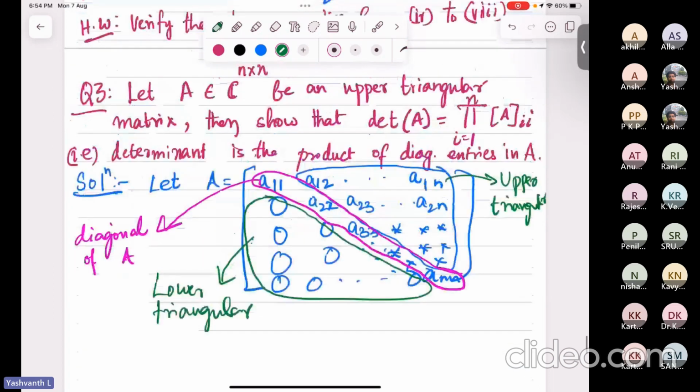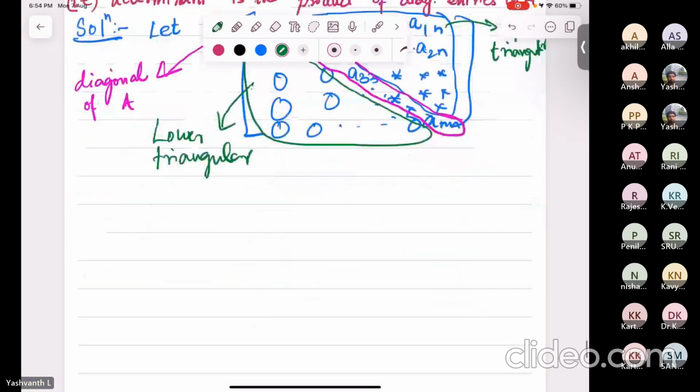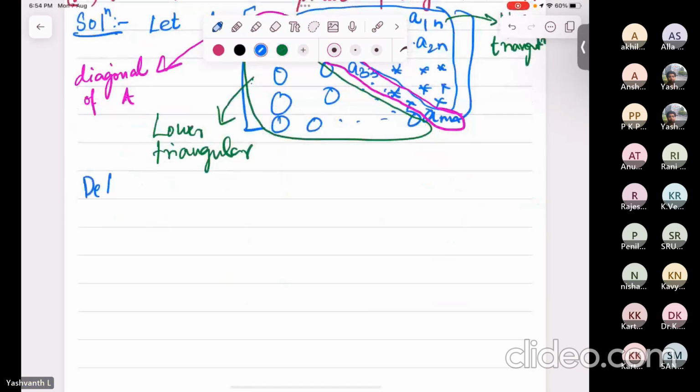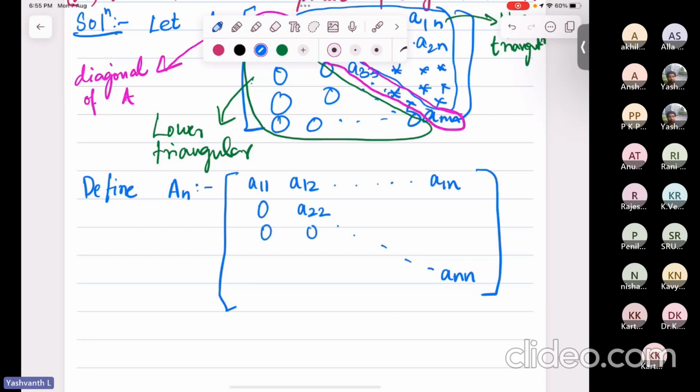Now the question is, for an upper triangular matrix, prove that the determinant of such a matrix is equal to the product of diagonal entries. I'm considering an n by n square matrix. So define A_n like this: a11, a12, so on till a1n, a22, and so on till ann, with 0, 0, 0 below.